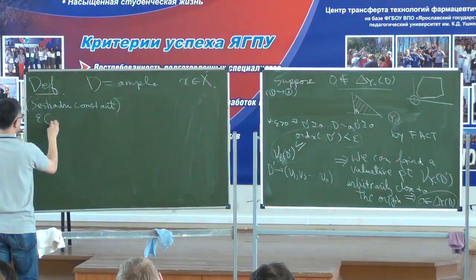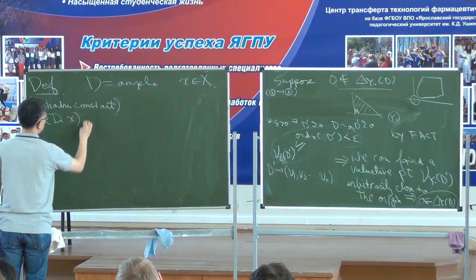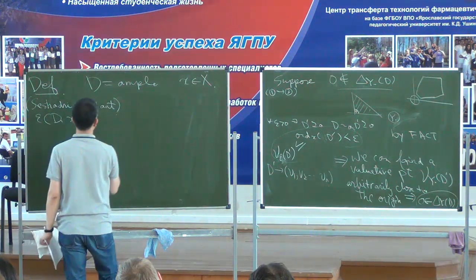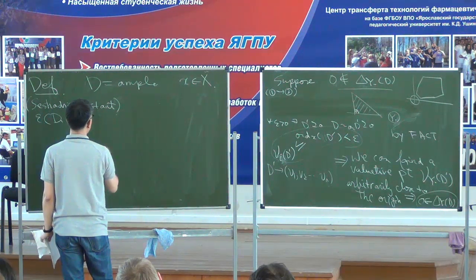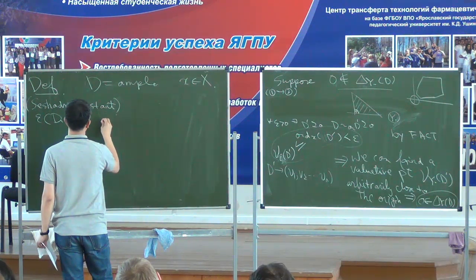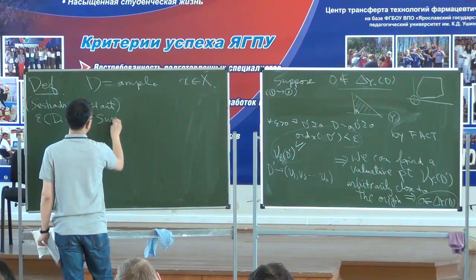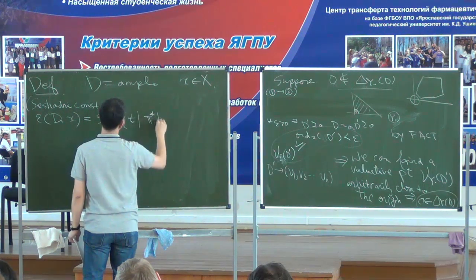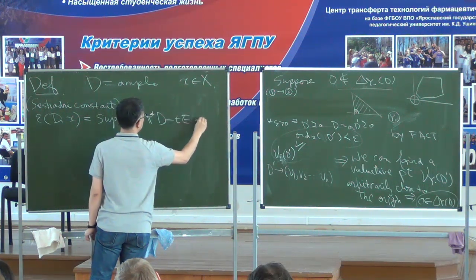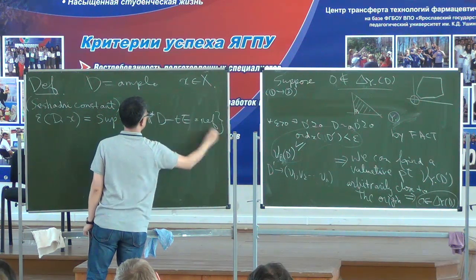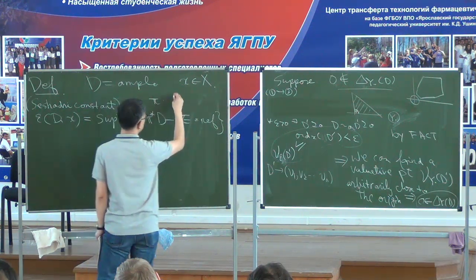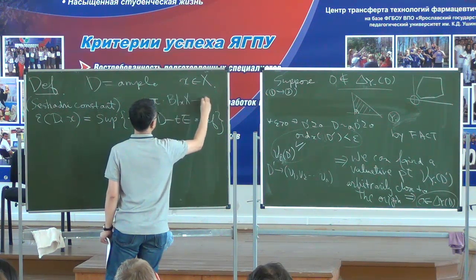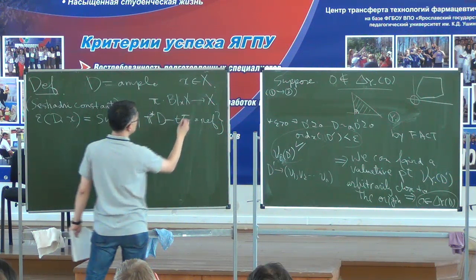The notation for this is epsilon(D; x). There are a few equivalent definitions, but we need only two. The first one is the sup of t such that pi star D minus tE is nef. As usual, pi is the blow up of x, and E is the exceptional divisor.